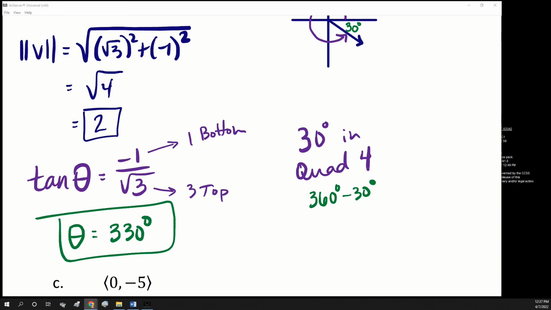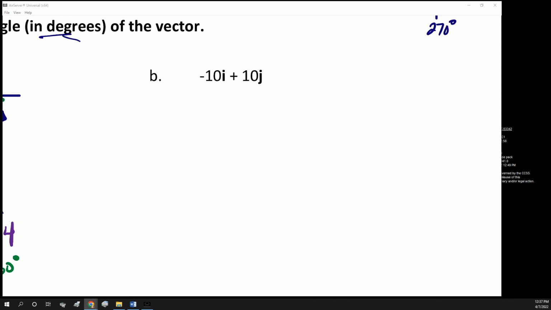All right. Let's look at another one. For B, it is in linear combination form, but it means the same thing. Our horizontal component is -10, and our vertical component is 10. It's going to be this vector right there.